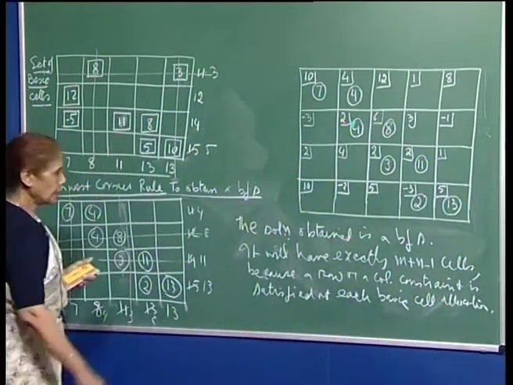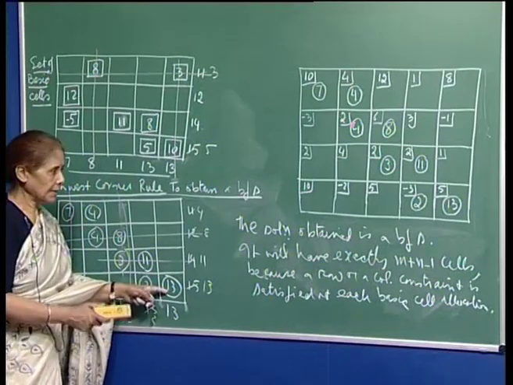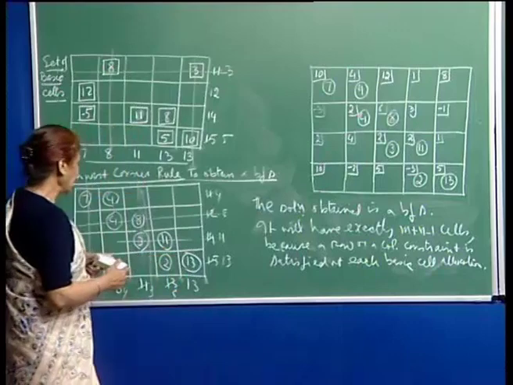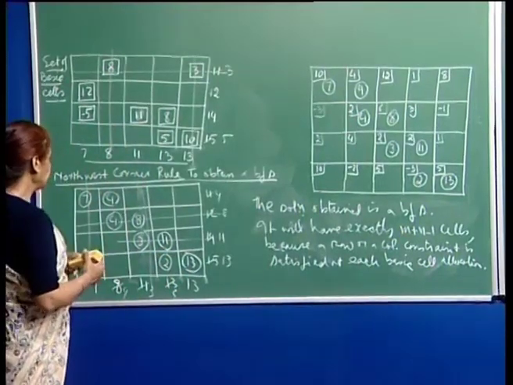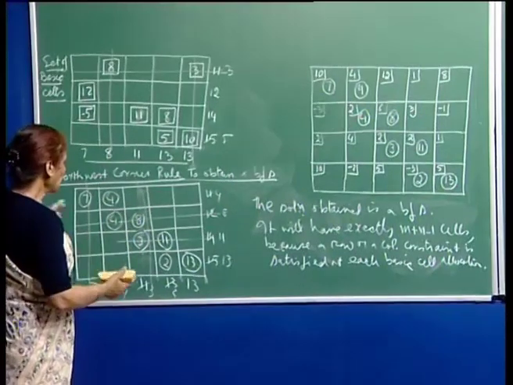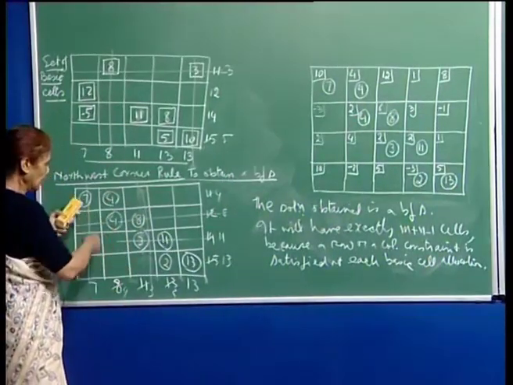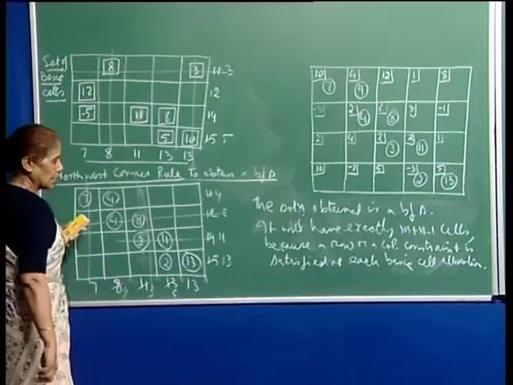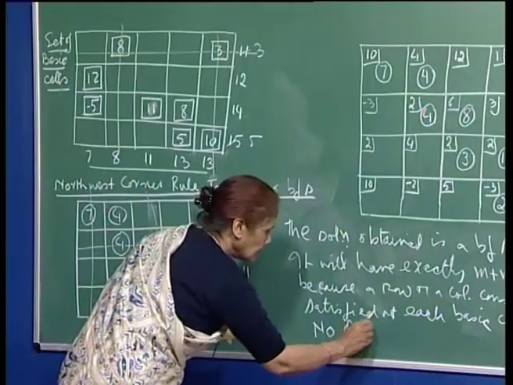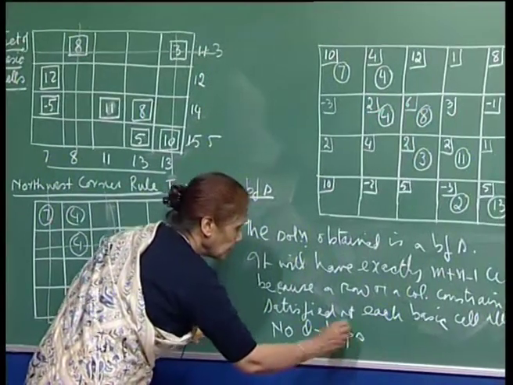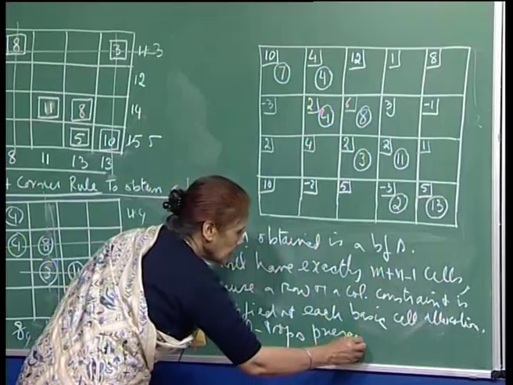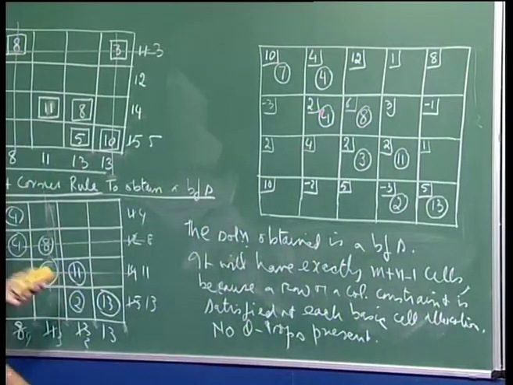Okay. So, therefore, because the last one will get satisfied automatically, exactly m plus n minus 1 cells will be allocated. And why will it not have any theta loops? Because I will never go back. You see the movement, the way the movement is, and no theta loops are present. You can argue it out yourself. So, this is a basic feasible solution.